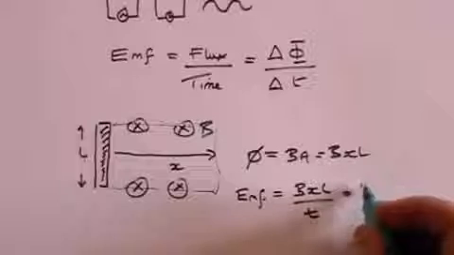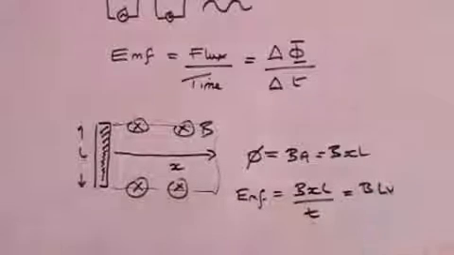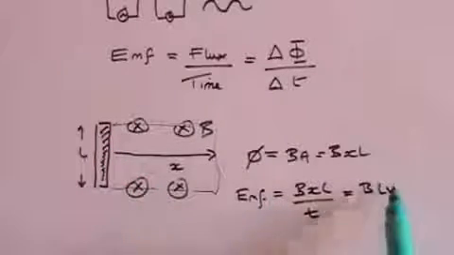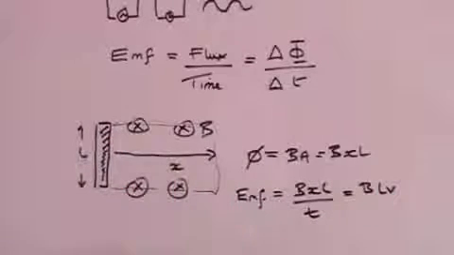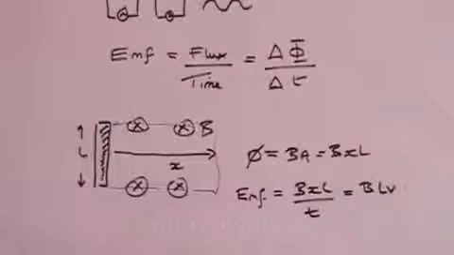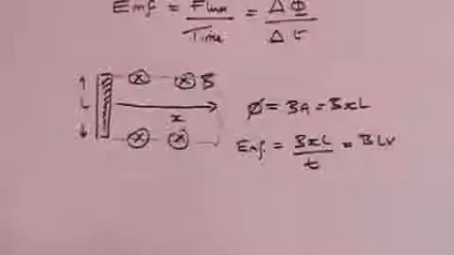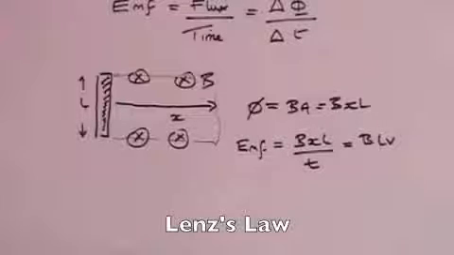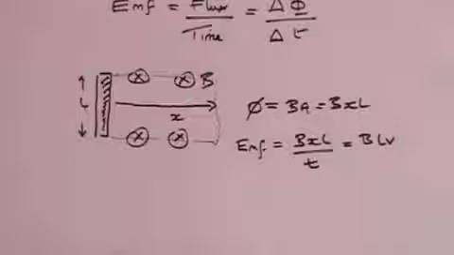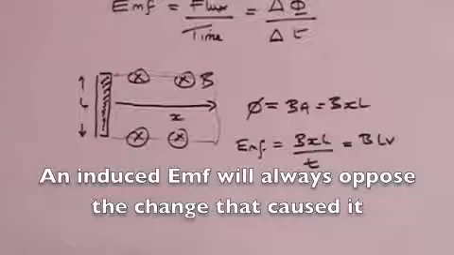So we now have BLv, the magnetic field times the length of the wire times the velocity that it is moved across, is the value of the induced EMF. And now we come to a very important law, Lenz's law. Lenz said that wherever you have an induced EMF, then that EMF will always oppose the change that caused it.